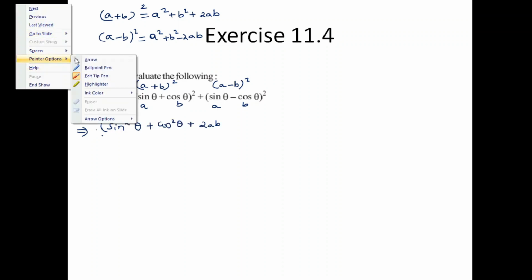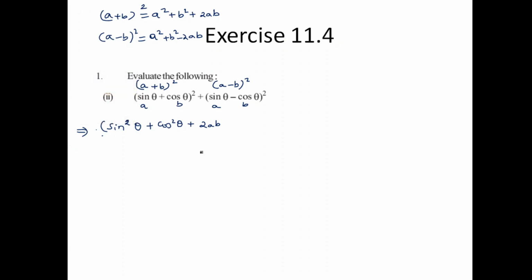This 2 times ab is quite simple. So this is written as sin square theta plus cos square theta plus 2 times ab. Your a value becomes sin theta, b value becomes cos theta. Similarly, I need to write this one as a square plus b square minus 2 times sin theta into cos theta directly.